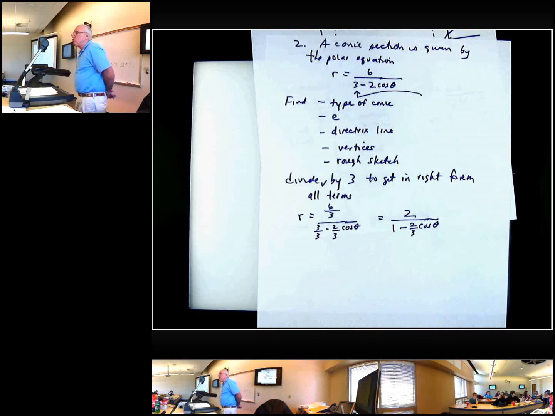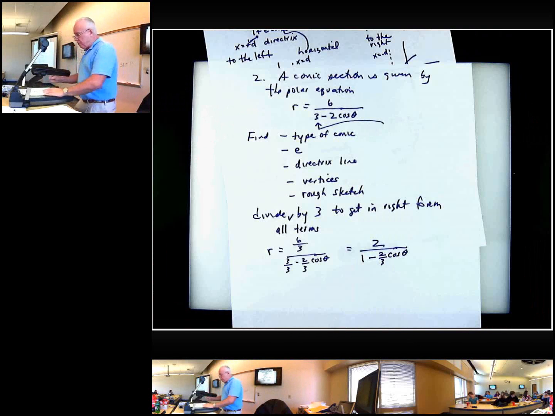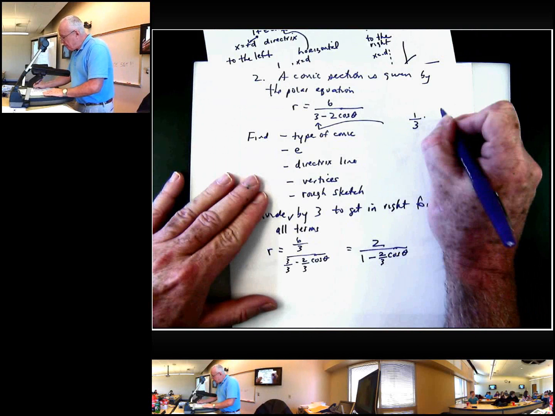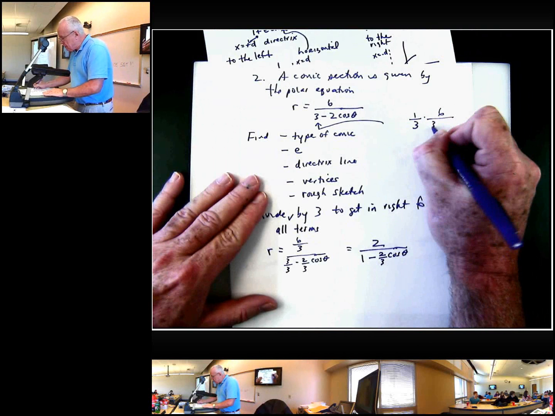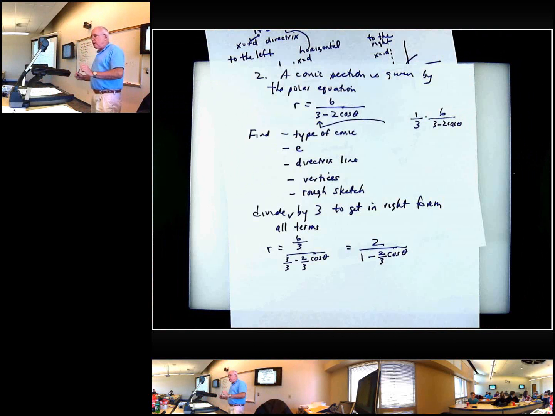The question was, can I just put a 1/3 in front? If I just put a 1/3 in front, all that's going to do is change it. We don't want to change the fundamental thing.